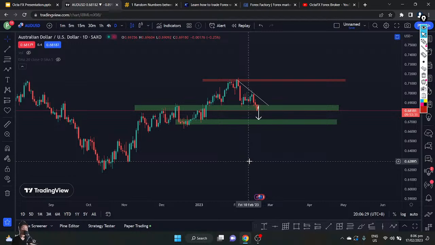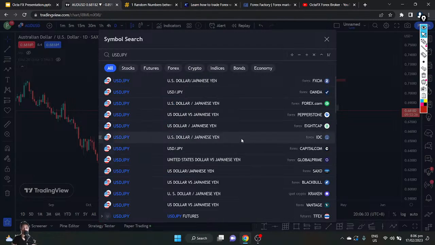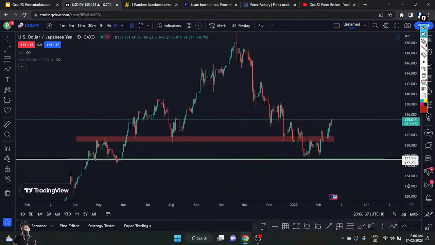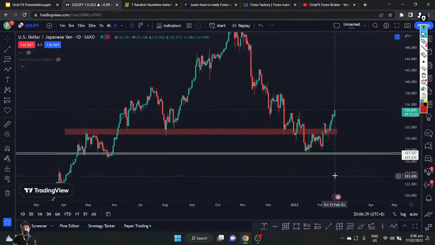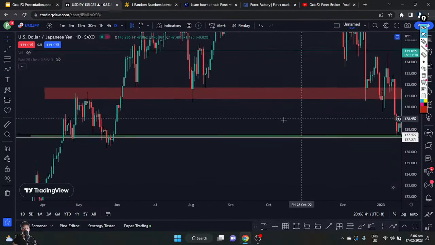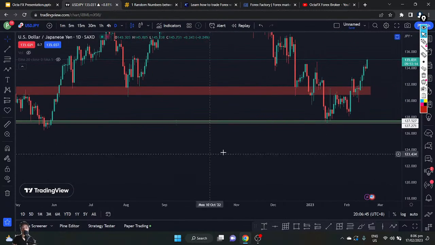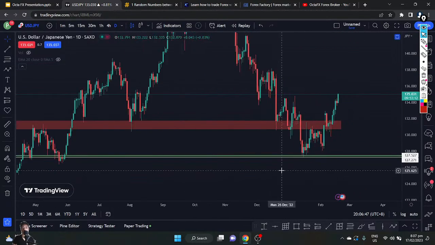Hello, Vishal Kadam. So I will try to explain the imbalance, even if I can only explain it a little bit. For this example, we have this dollar yen.